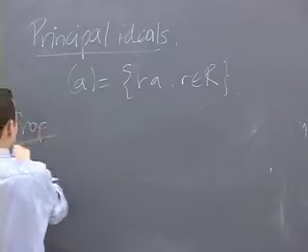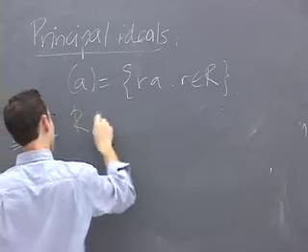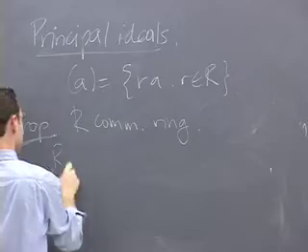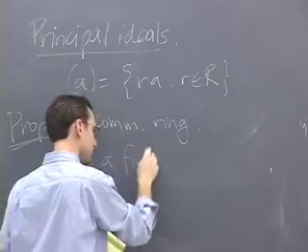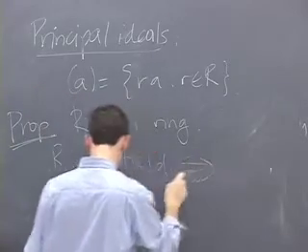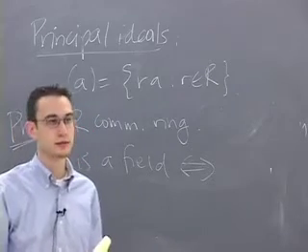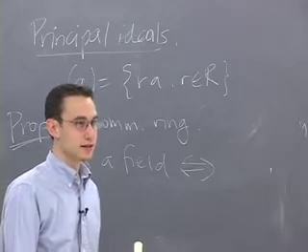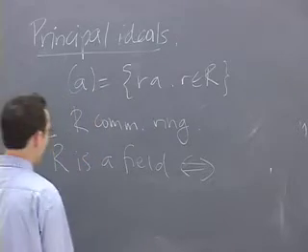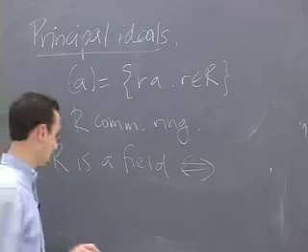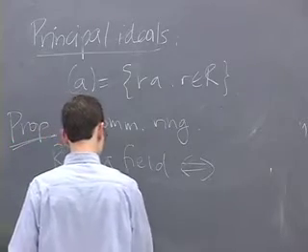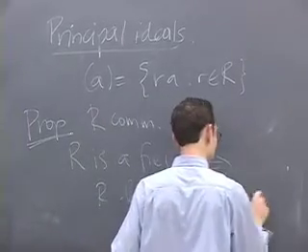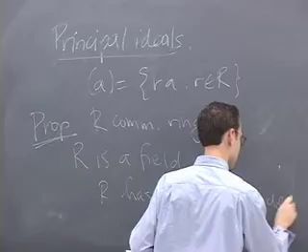So here's an important proposition. If I have a commutative ring, then that ring is a field if and only if this ring has exactly two ideals.